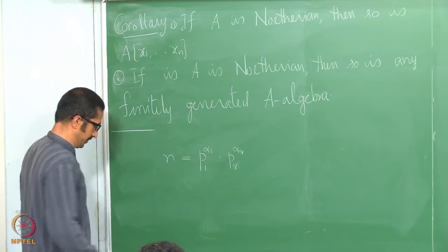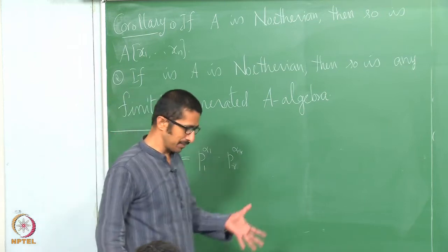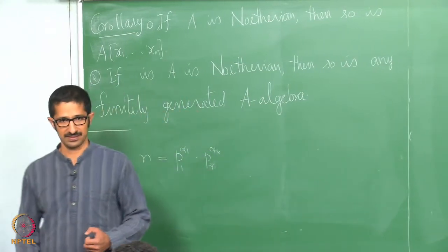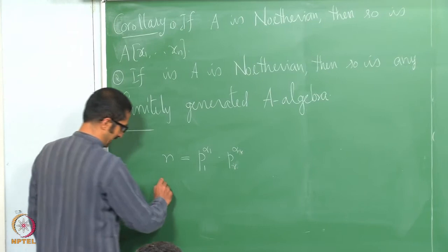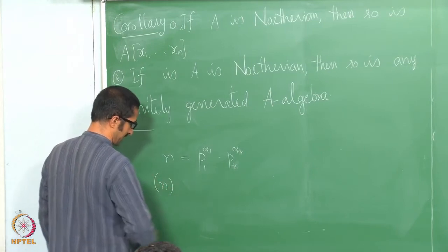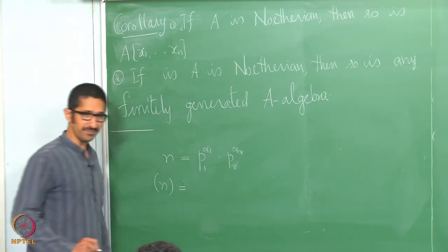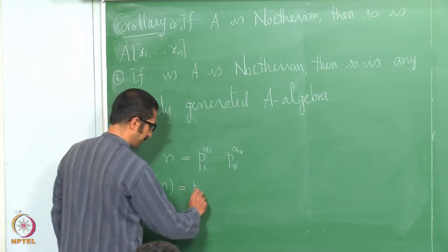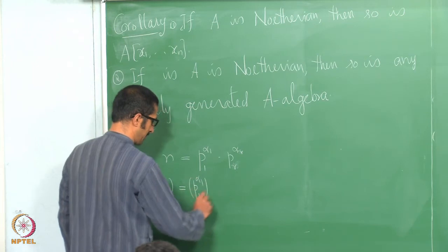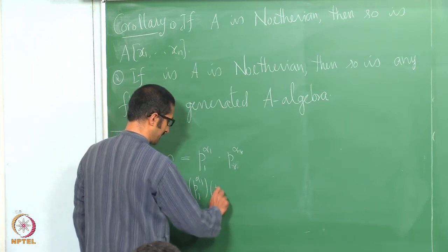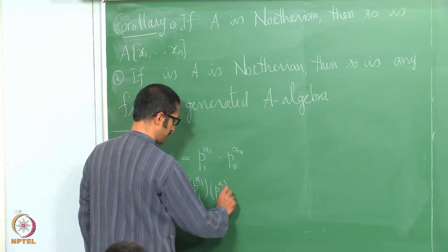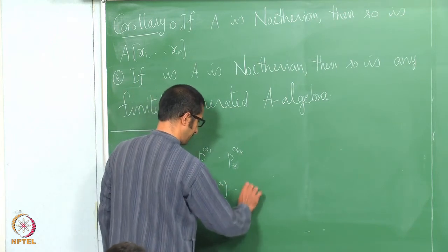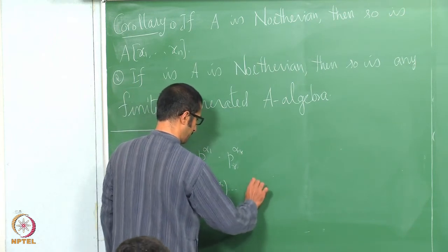Now the question is how far we can push this. If I look at the ideal generated by n, I can write this as the ideal generated by p1 power alpha 1 times the ideal generated by p2 power alpha 2, up to the ideal generated by pr power alpha r.